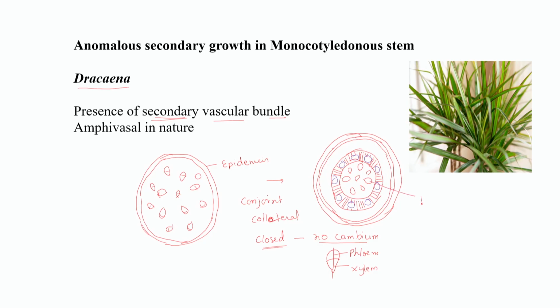This will be the primary vascular bundle, and this will be the secondary vascular bundle, and this will be the conjunctive tissue.